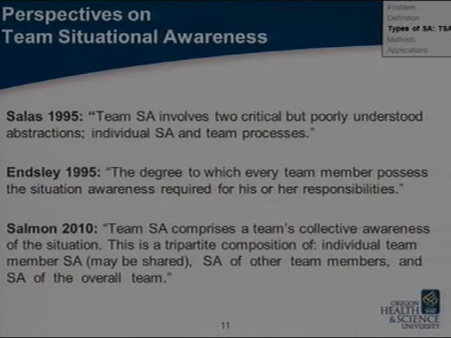Salas originally defined situational awareness as a combination of the individual's awareness and the teamwork or team processes they participate in. Endsley extended her model to suggest that awareness is simply an overlap of knowledge about a particular task between two or more individuals. And Salmon integrated this information into a richer and more complex model.